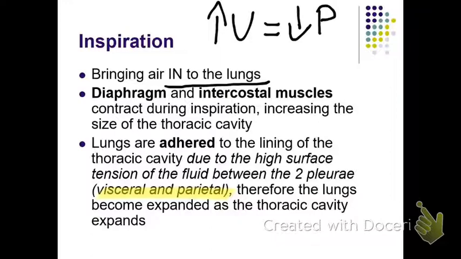And therefore the lungs can expand as the thoracic cavity expands. And this adhesion is due to the interpleural fluid cohesiveness, where the polarity of the water attracts the wet surfaces, and the thoracic wall and the lungs are able to move as one cohesive unit.